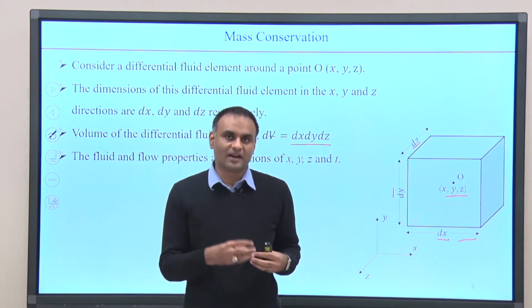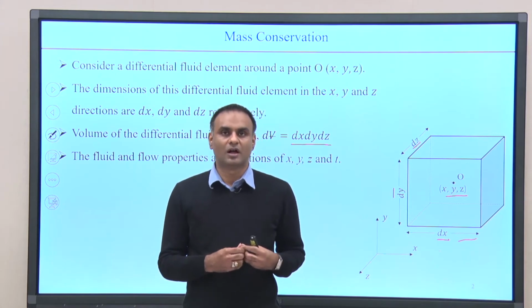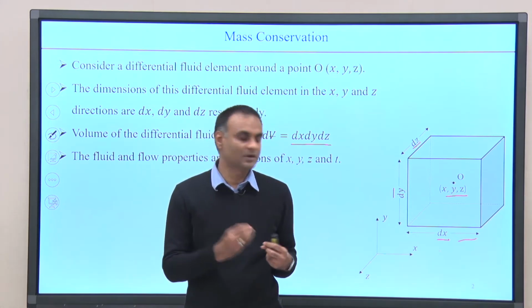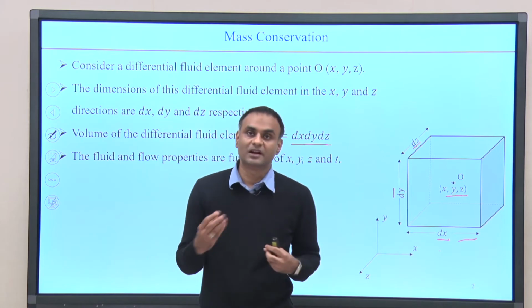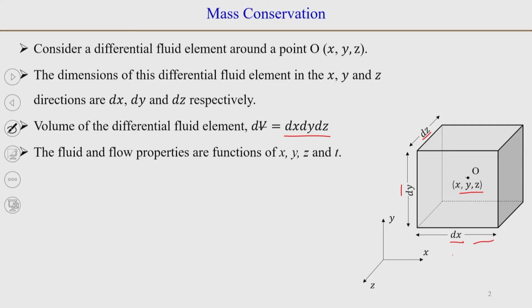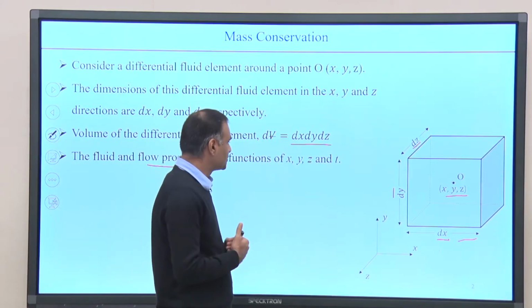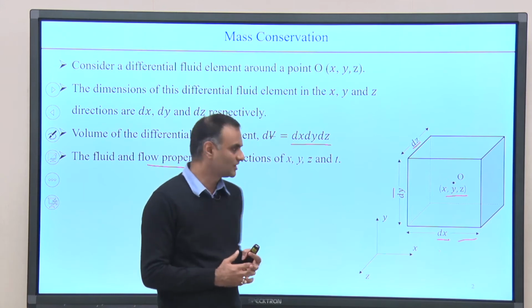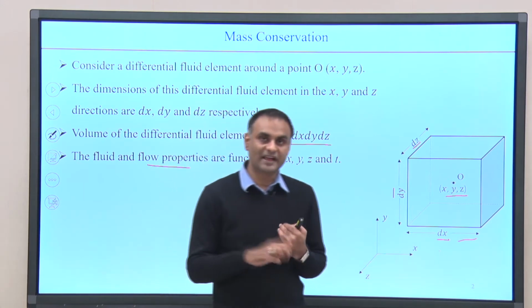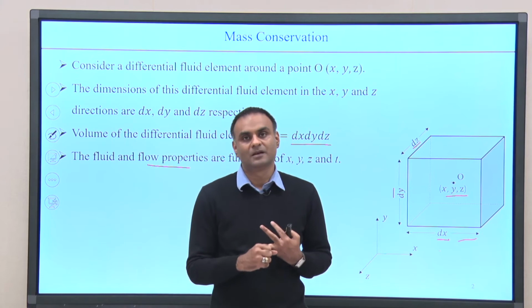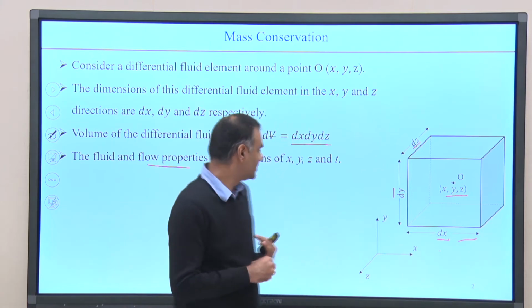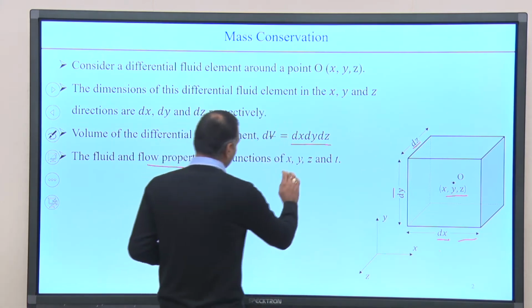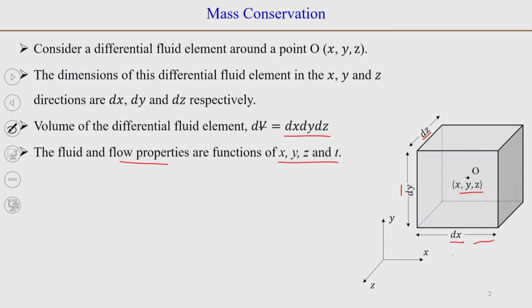Density can also be a function of time. Similarly, the flow properties can be the pressure, the stress, or the velocity field. Here, when we derive the mass conservation equation, we will be concerned with density and velocity, and we will assume that they are functions of space and time.